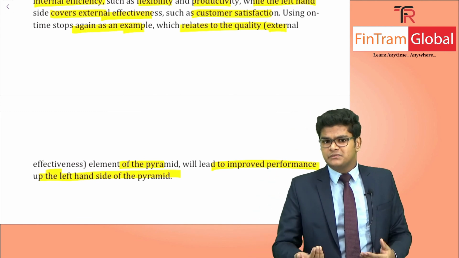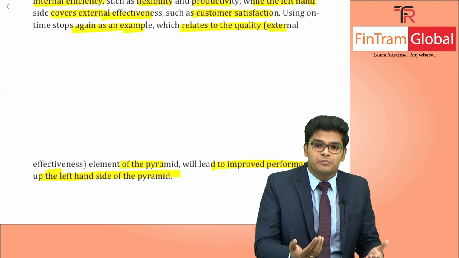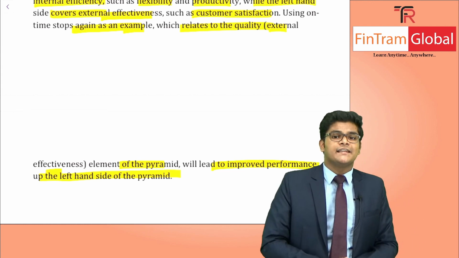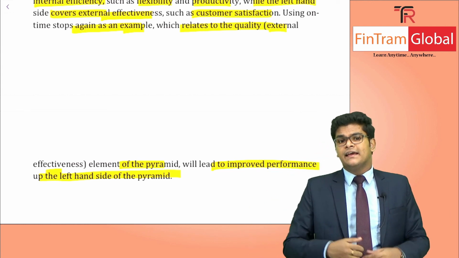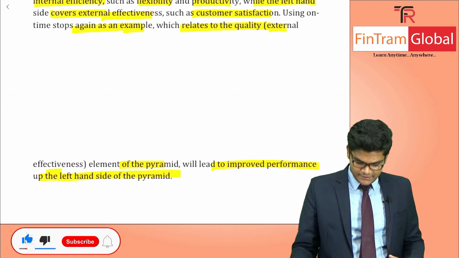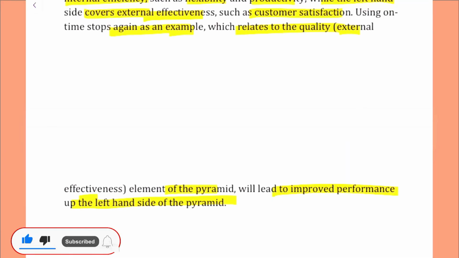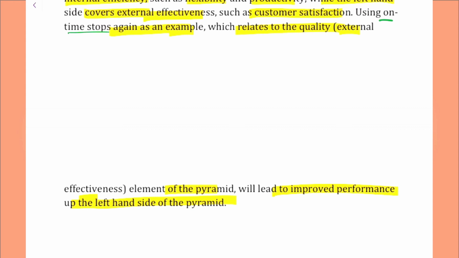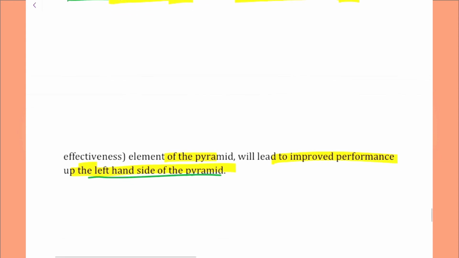And if the quality improves, what's going to happen? It's going to improve the customer satisfaction level, and then the market, and then achieve the corporate objectives, isn't it? So basically I've just explained how this particular measure of on-time stops will improve the left hand side of the pyramid. As simple as that. Okay, folks.